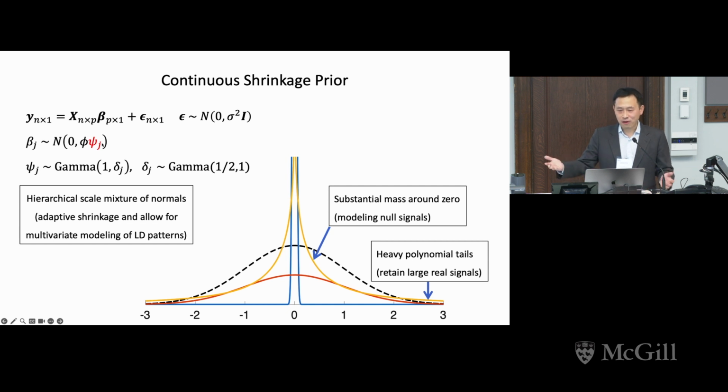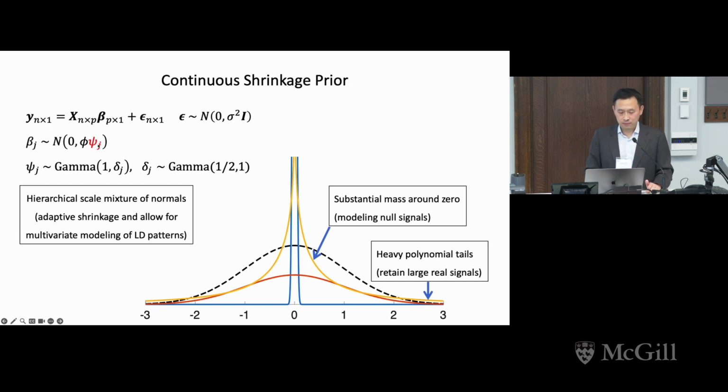The whole point of doing the prior is to limit the number of free parameters we have to fit. How does it solve the problem by giving each of the betas a different distribution? Well, we have another regularization term on the distribution. The variance of the normal distribution for beta is being regularized by this phi j.